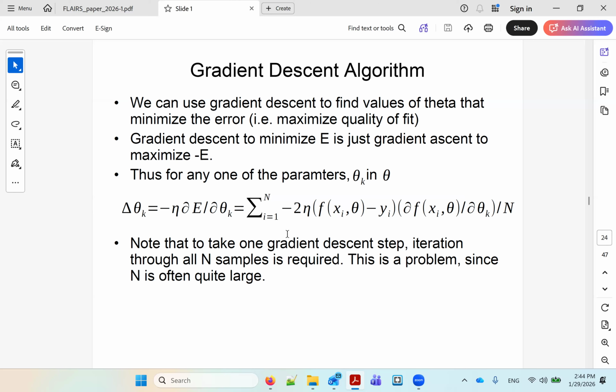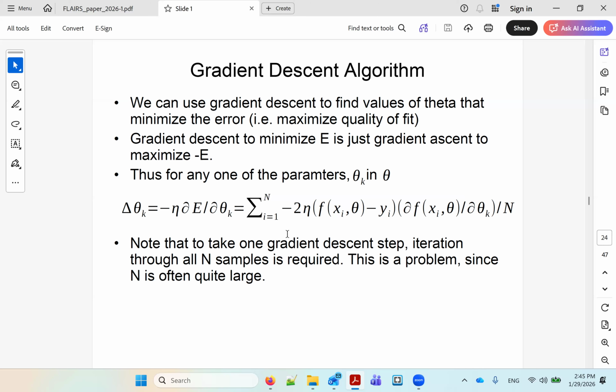Now the note at the bottom here is, note that to take one gradient step, you're going to need to do this sum, right? That's what it tells us we need to do. So we have to iterate through all n samples. Is that a lot? Well, sort of big data, right? So in some cases, at least, n is quite a lot.